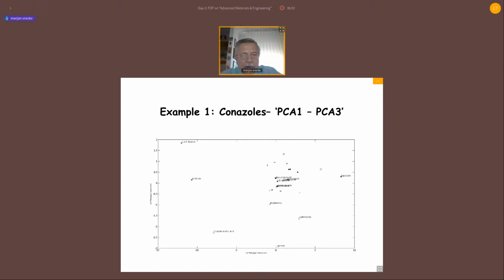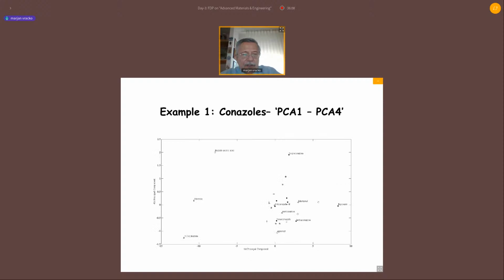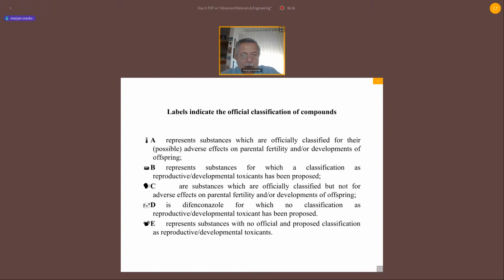This is PCA1 to PCA3, a similar classification, and PCA4. So we can present more pictures, and these labels indicate the official classification of compounds.